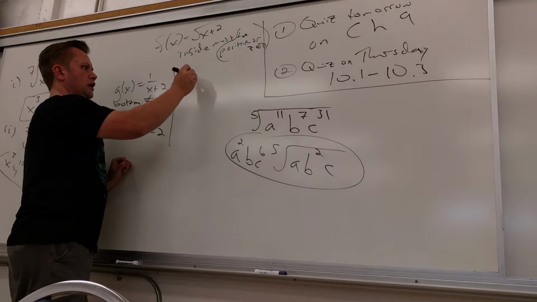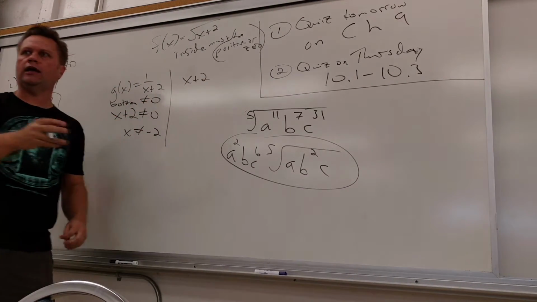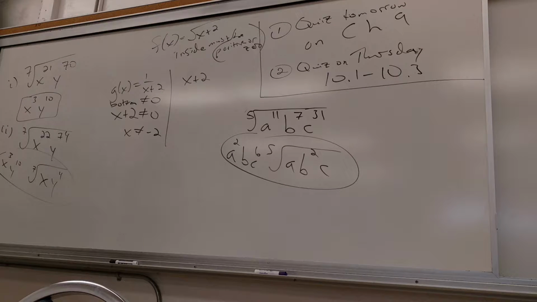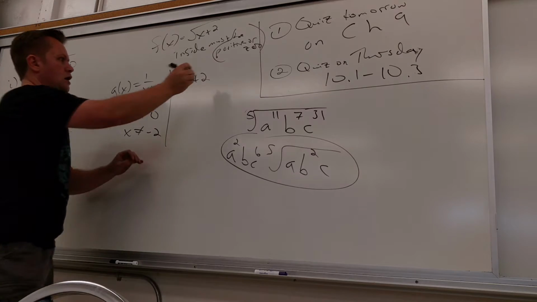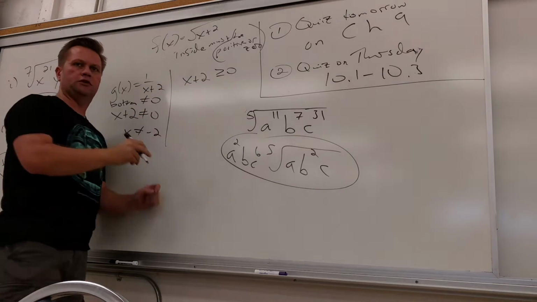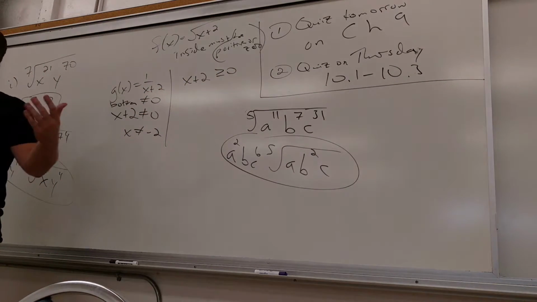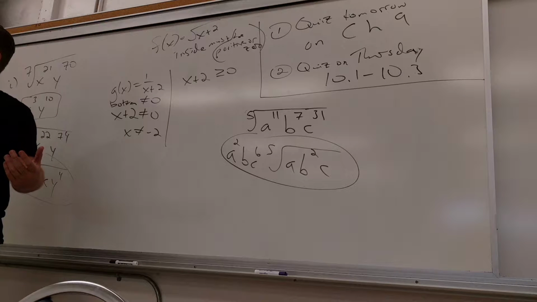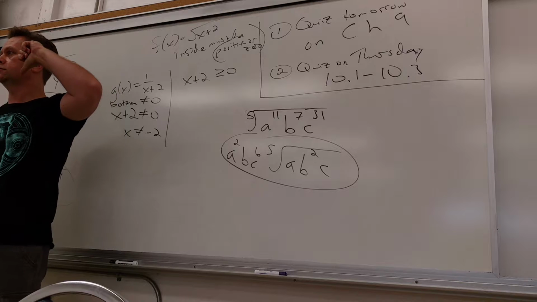Good. x plus 2, to be positive, any positive number is how related to 0? Has to be greater, bigger than 0. That's positive, right? So it's got to be positive or equal to 0. What's up? It totally can be equal. What's the square root of 0? 0.